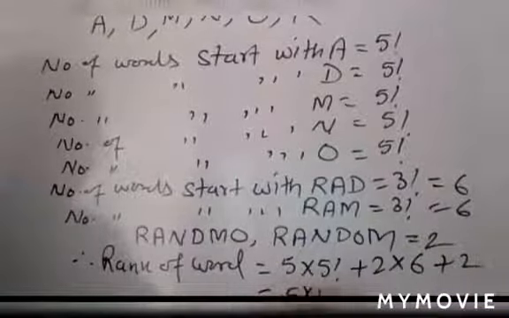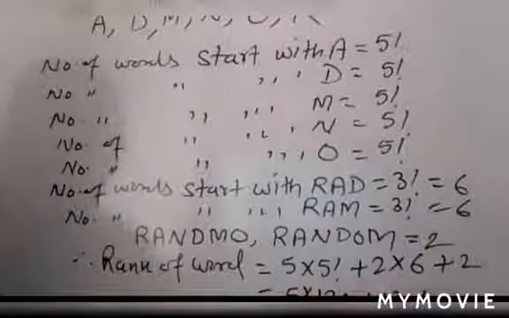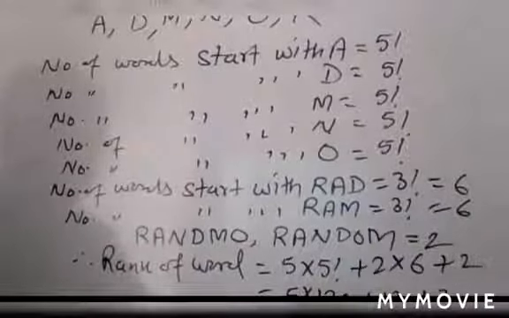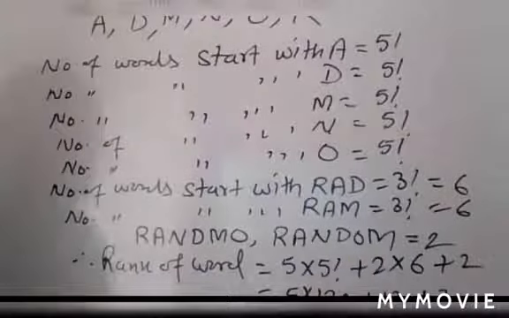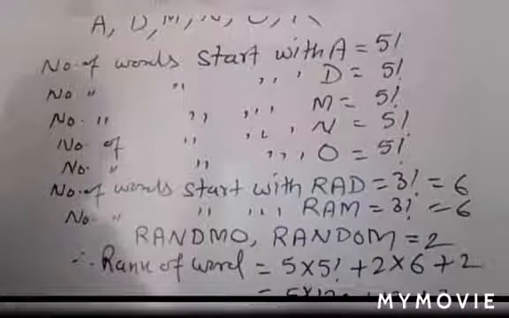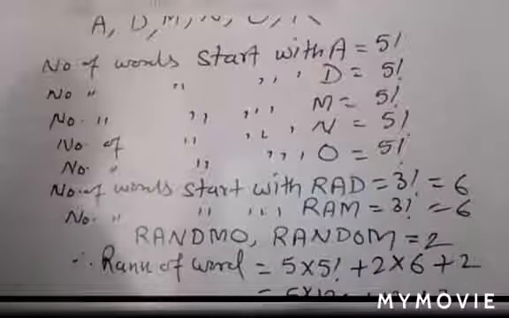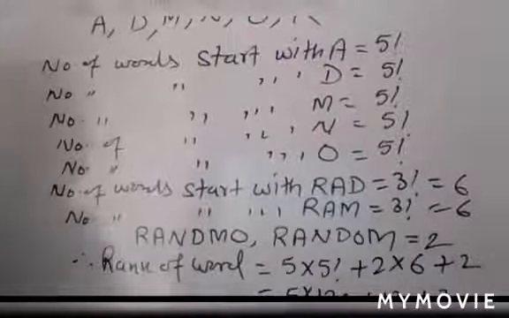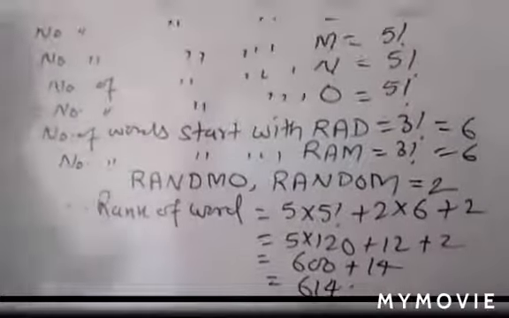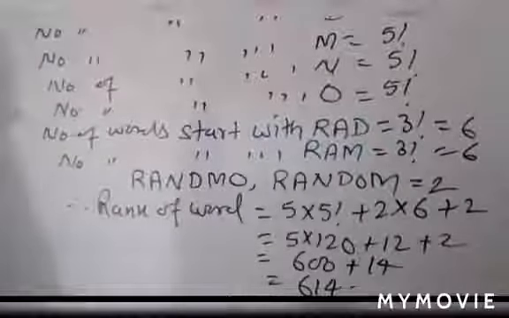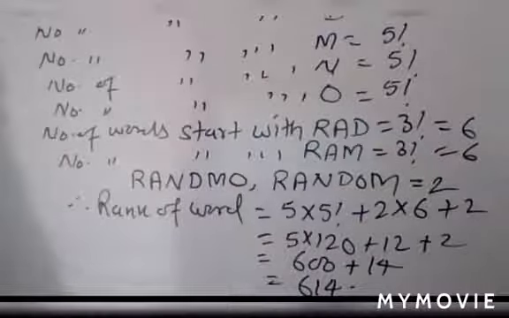Simplifying, 5 into 120 plus 12 plus 2, so 600, and here you have 14, and overall you have 614. So its rank is 614. So in this way, you can find the rank of any given word.